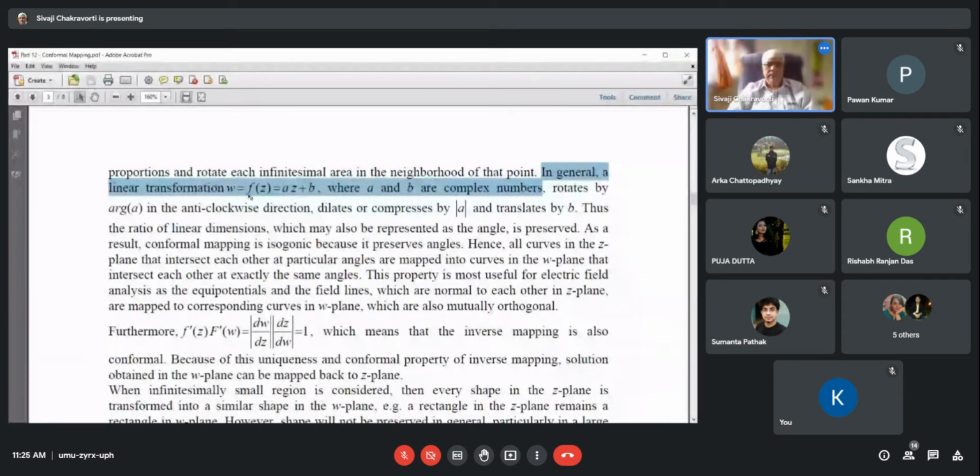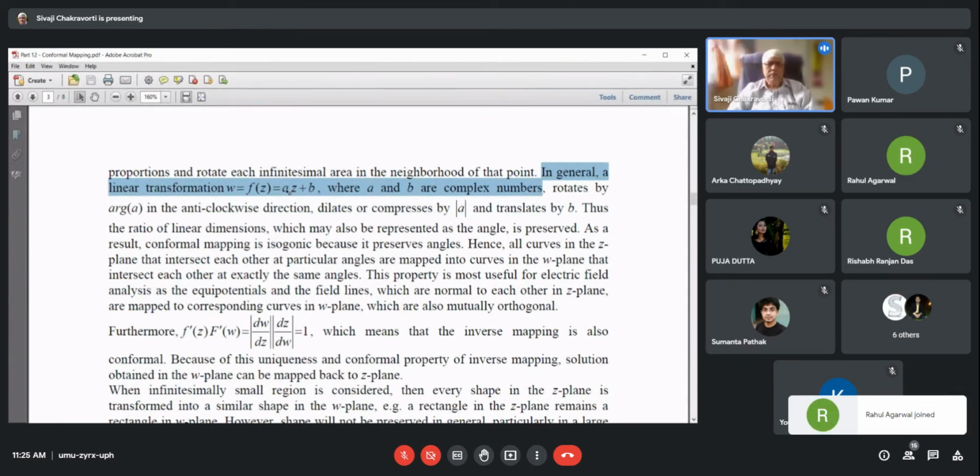I repeat, z is on the z plane. I am multiplying it by a complex number a. Now a has an argument as well as a modulus. So the magnitude of z will be multiplied by the modulus of a, and we always say that this will either dilate or compress z.